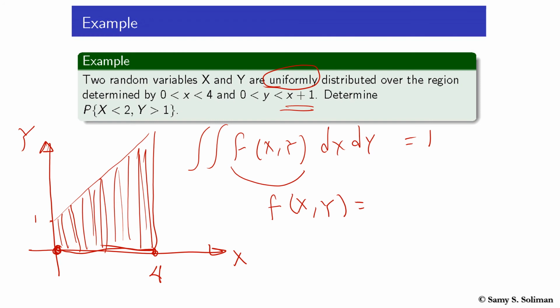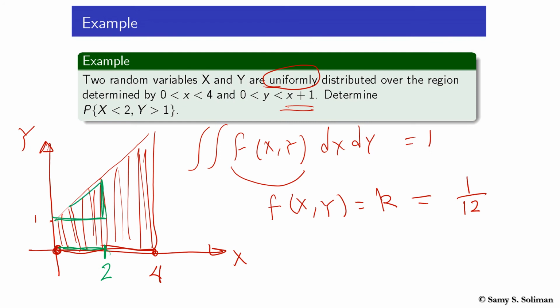the joint PDF f of x and y can be calculated as a constant k, which is equal to 1 over 12 in this example. So in order to find the probability that x is less than 2 and y is larger than 1, let's determine this area. x is less than 2, so that is up until this point, and y should be larger than 1.